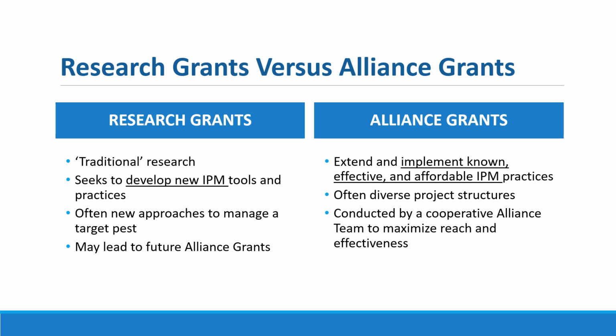Alliance grants, on the other hand, are a little more unique. They extend and implement known, effective, and affordable IPM practices. And notice how research grants are at that development stage. Alliance grants, these practices must be developed, known, effective. Often, these projects have diverse project structures, and they're notably conducted by a cooperative alliance team to maximize their reach and effectiveness.